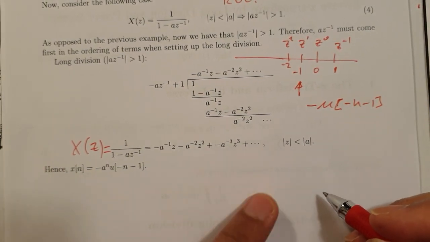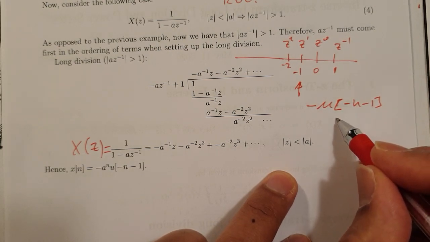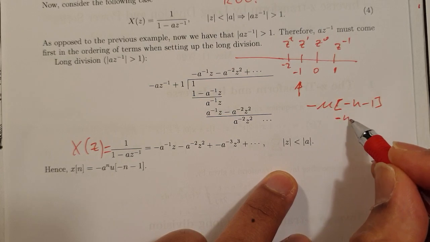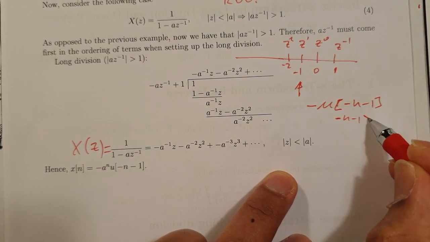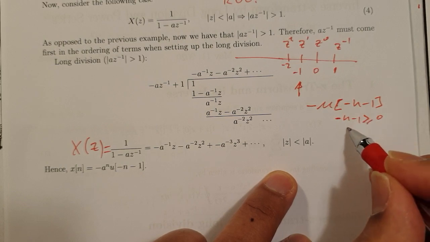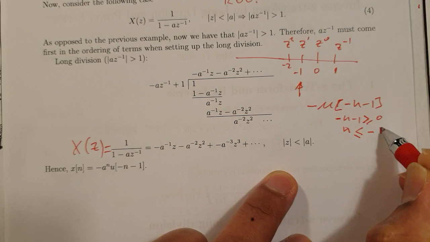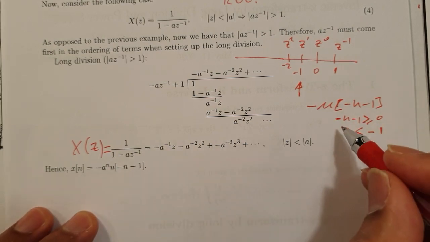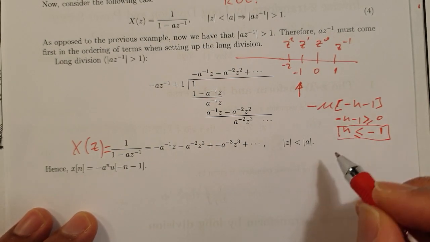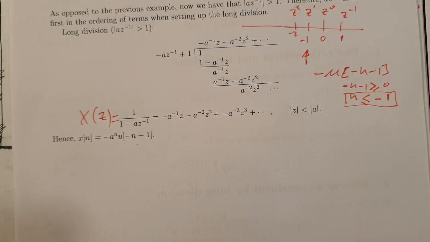Okay, to figure out where it's going to, minus n minus 1 must be greater than or equal to 0. When you solve this, you will see that n must be less than or equal to minus 1. So this is what we want, and this is the final result.